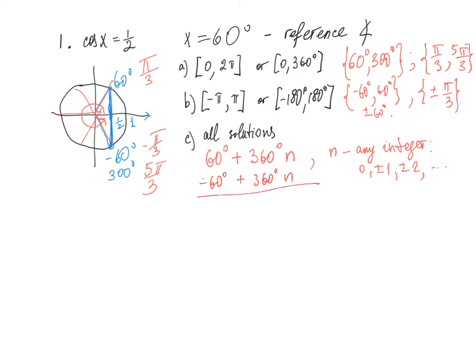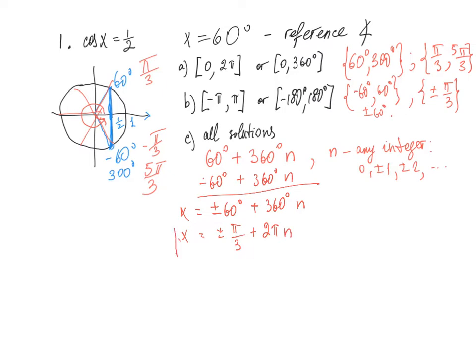Now, the good thing, we can combine this into a single shorter expression, plus or minus 60 plus 360n. We will mostly use radian format, so that our answer will be x equals plus or minus pi over 3 plus 360, it's one full cycle, so it's 2 pi n.